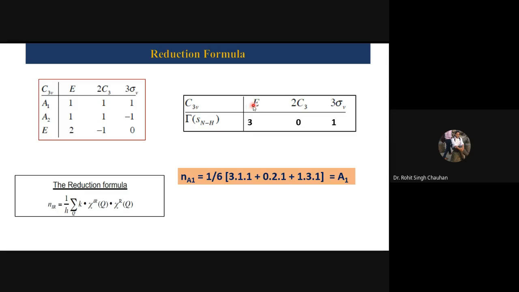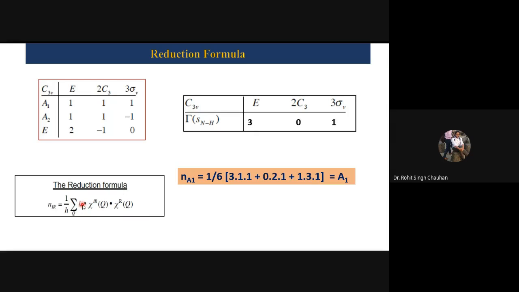Order of the group is basically the number of symmetry elements present in the particular point group. So how many E are present? 1. How many C3 are present? 2. And how many sigma V are present? 3. So in short, total symmetry elements present in C3V point group is 3 plus 2 plus 1, which is 6. That's why 1 by h value will always be 1 by 6. I have written here, right?